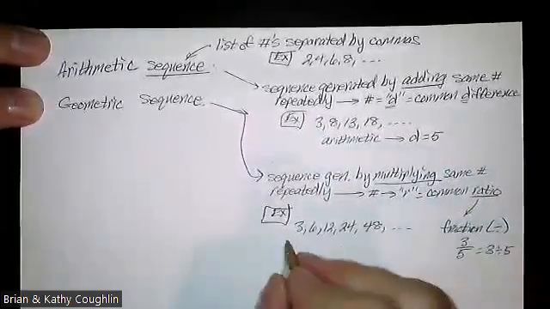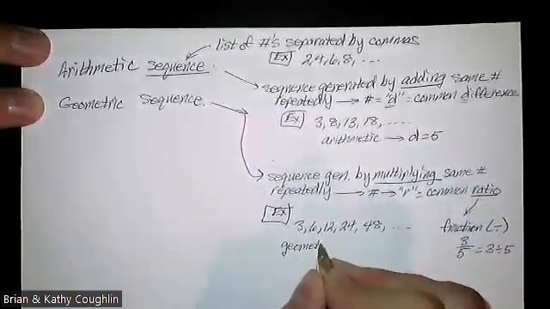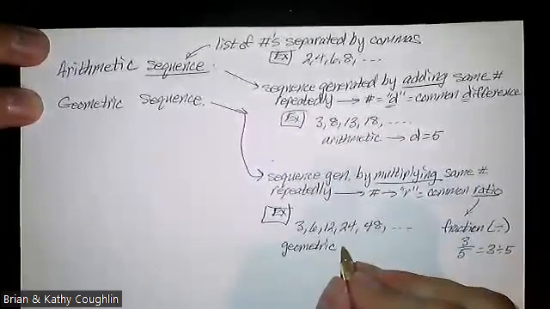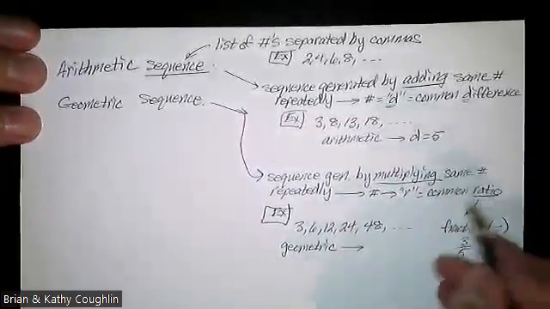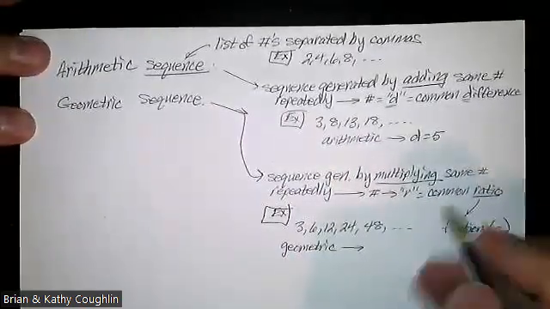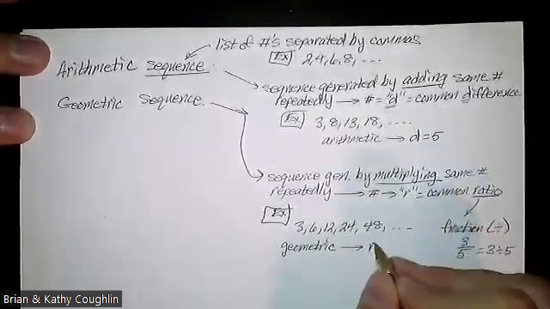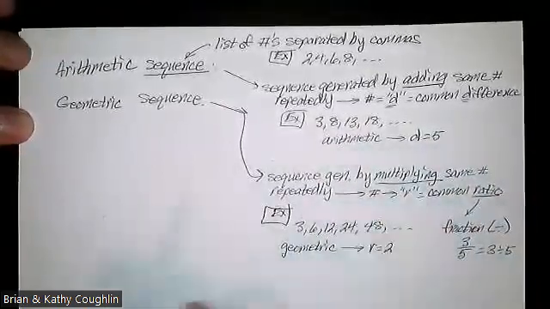If somebody says, is this geometric? Yes, it is. Prove it: does it have a value of R? Are they multiplying by the same number over and over? The answer is yes, they're multiplying by 2. So R is equal to 2.